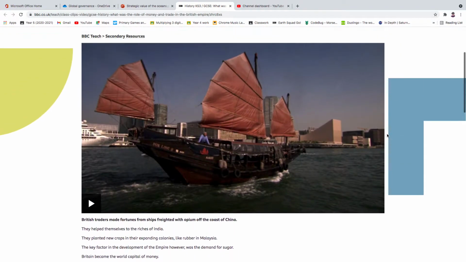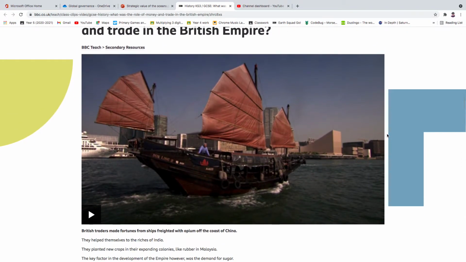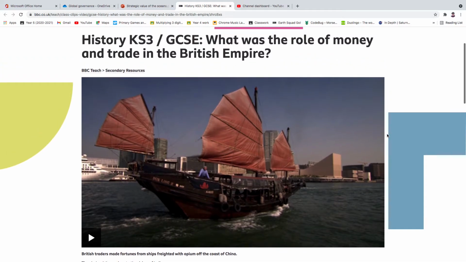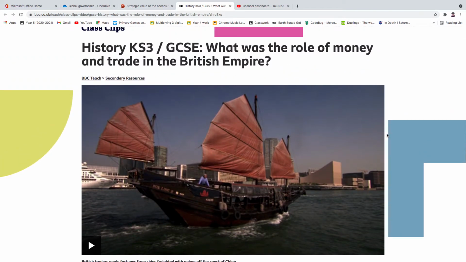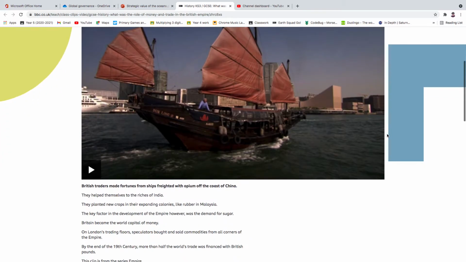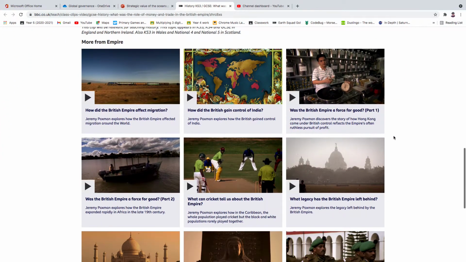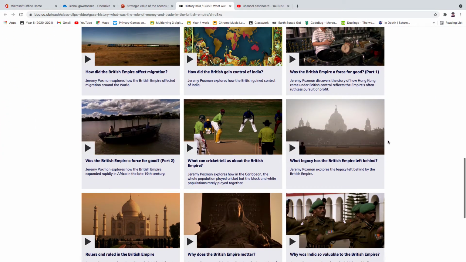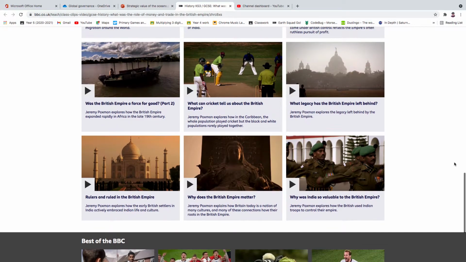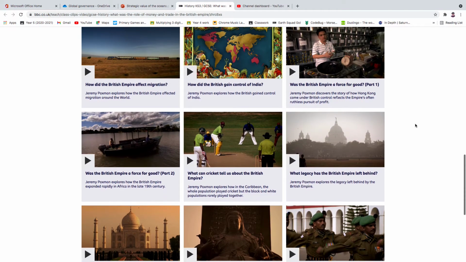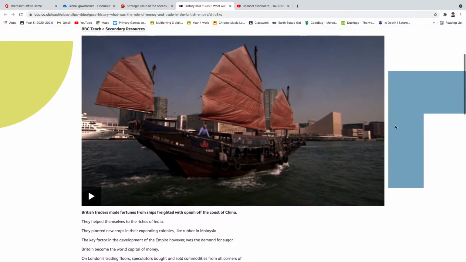They are brilliant. The ones that I've directly hyperlinked are, of course, the most useful. This one, what was the role of money and trade in the British Empire, is good. But you can also find the legacy, the force for good, loads of those.